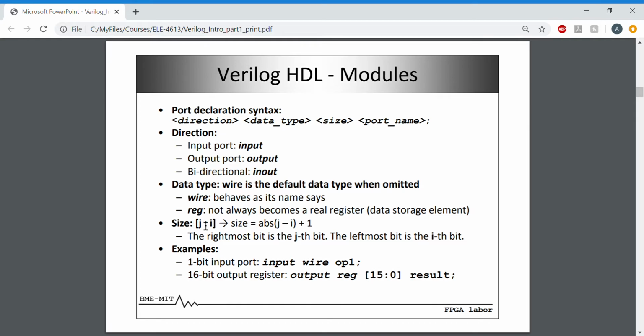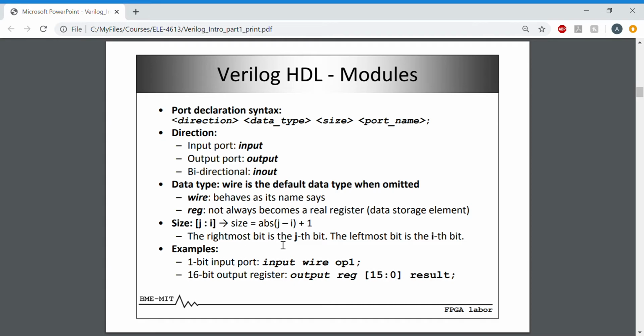And the size is between J and I. So this is square bracket, J, colon, I, and then closing square bracket. So the size is the absolute value of J minus I, plus 1.